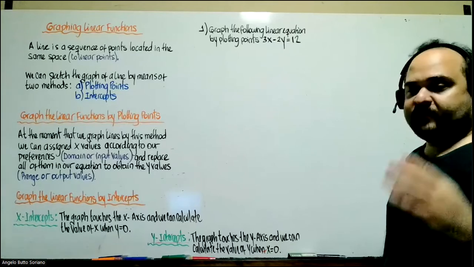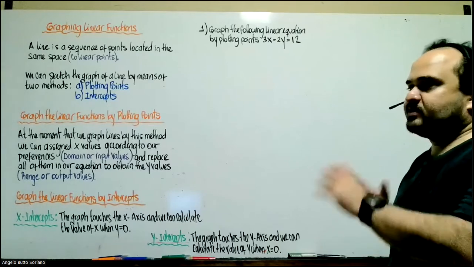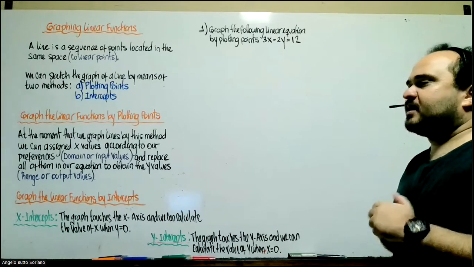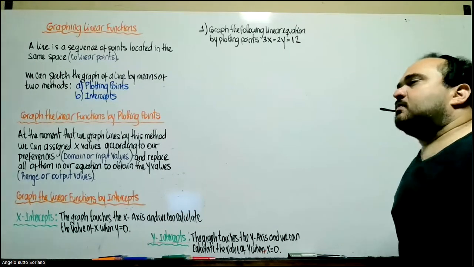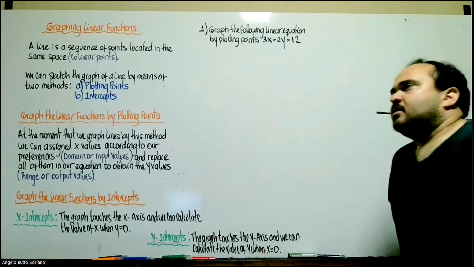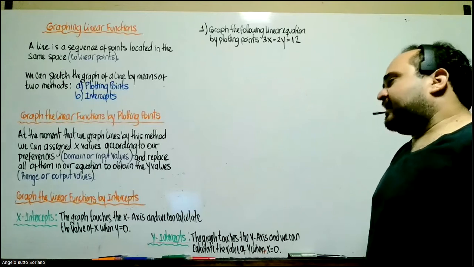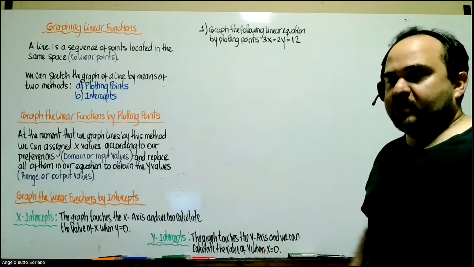Now, in the second method, we use some more knowledge of algebra because we're going to calculate the intercepts. There are two kinds of intercepts, the x-intercept and the y-intercept.